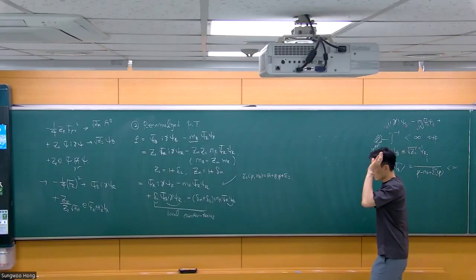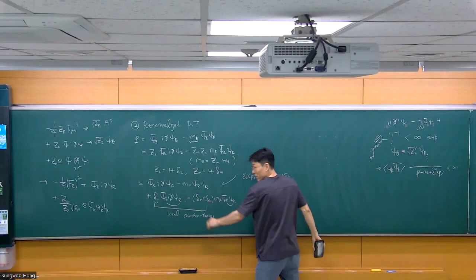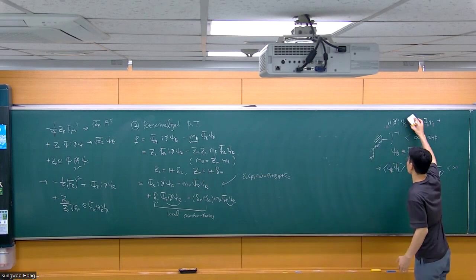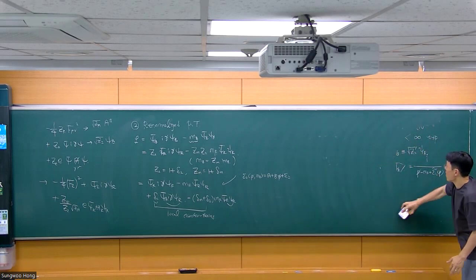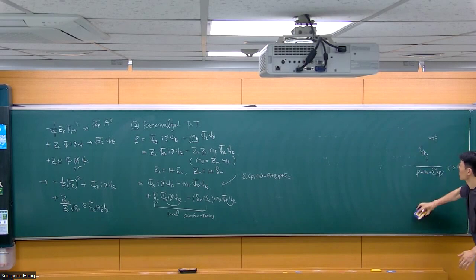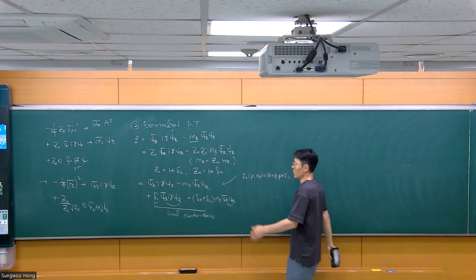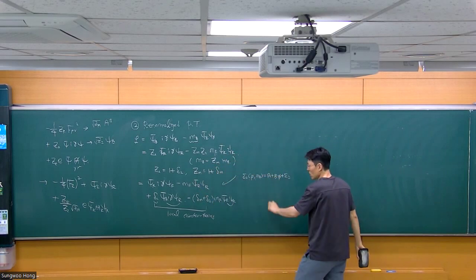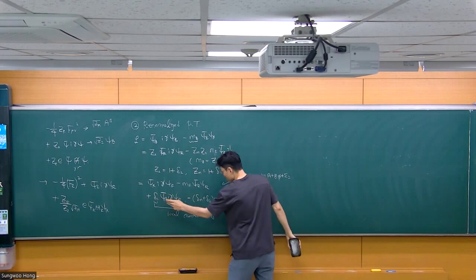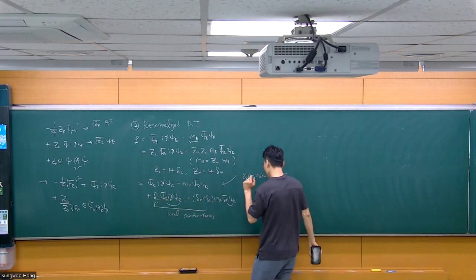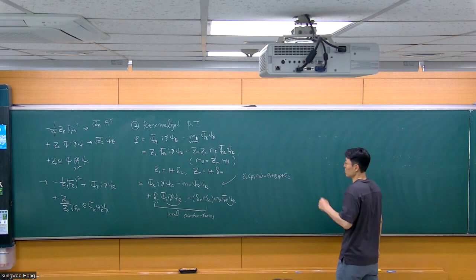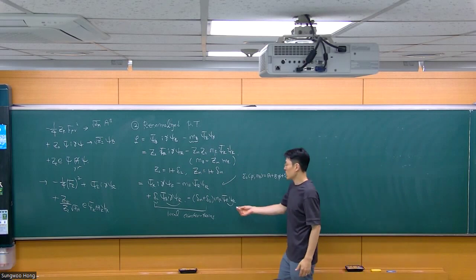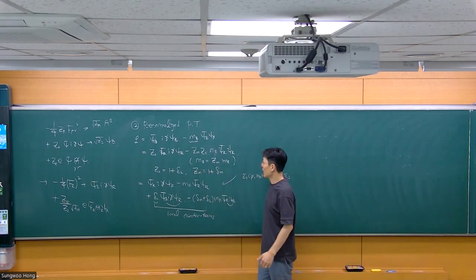So don't mix up: here the parameters are finite. There's no UV sensitive parameter. We're talking about the renormalized parameters, which are already finite. And then the apparent divergence comes from the loop structure. And then we're going to add extra local counterterm parameters that have UV sensitivity to cancel them. But you know the connection already before I demonstrate that, right?